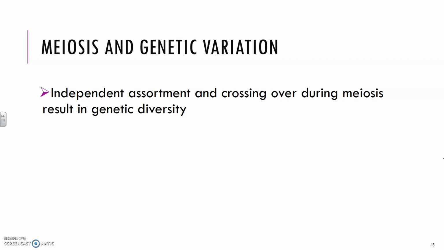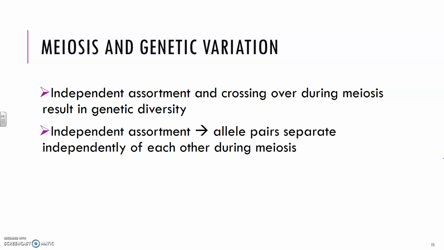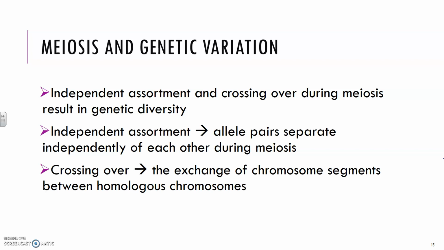Then you get the combination of the different gametes that produces even more genetic diversity. So independent assortment is the allele pairs separate independently of each other during meiosis. And then crossing over is the exchange of chromosome segments between homologous chromosomes.